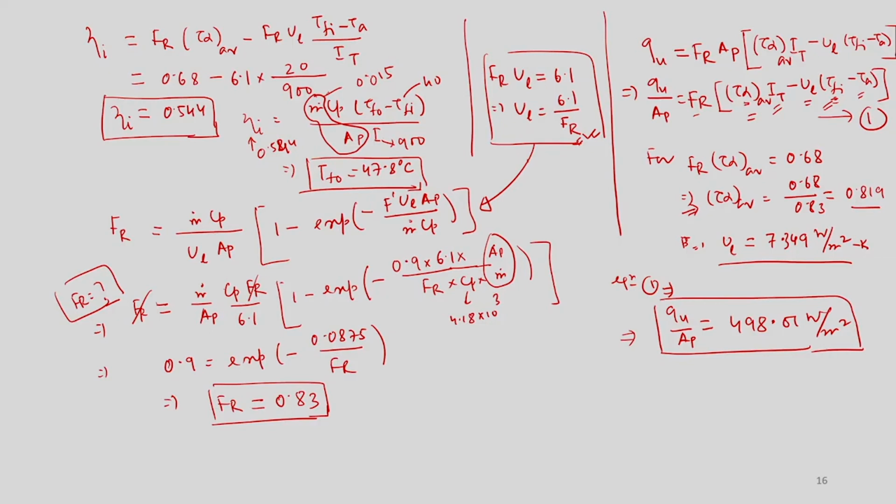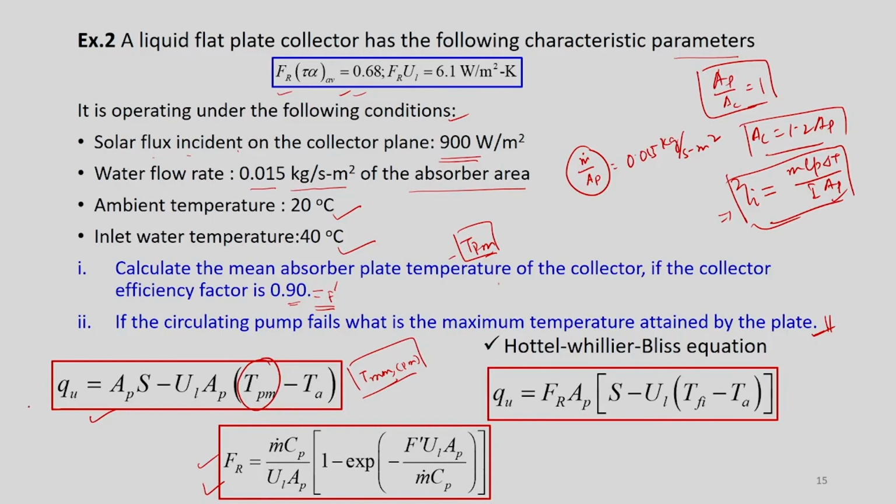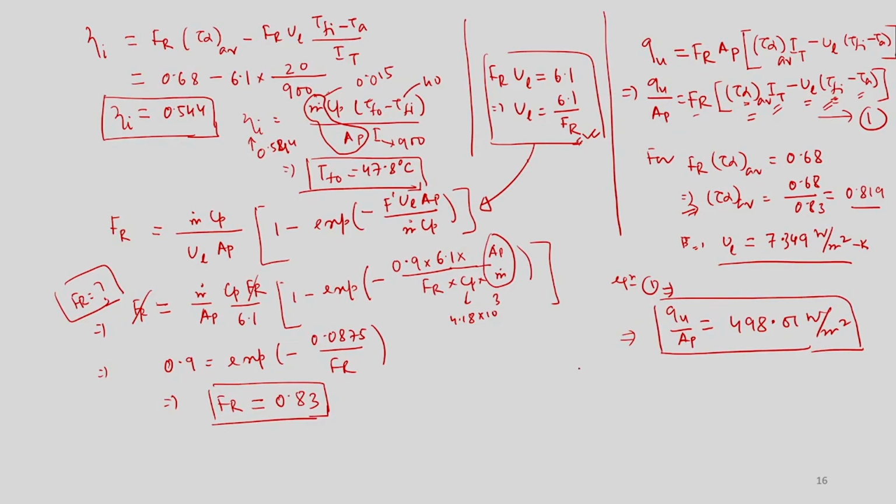Once we know this, again we can use the equation for useful heat gain. QU by AP is equal to IT tau alpha average minus UL into TPM minus TA.